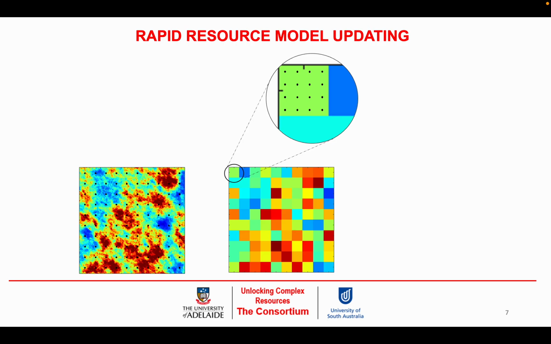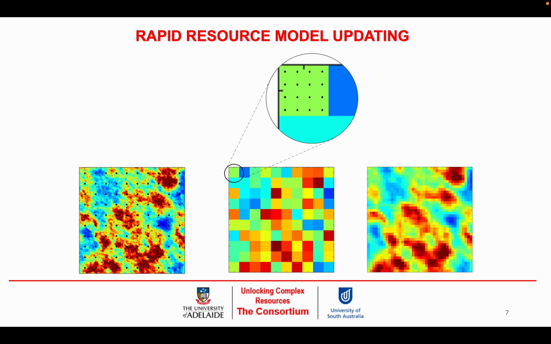So using this additional information, the block model gets updated and then can reflect great heterogeneity at a smaller scale, which is helpful for the improvement of mining selectivity and recoverability. This approach has been demonstrated using a synthetic case study with a paper published. It is also applicable to cases with multiple non-Gaussian variables.